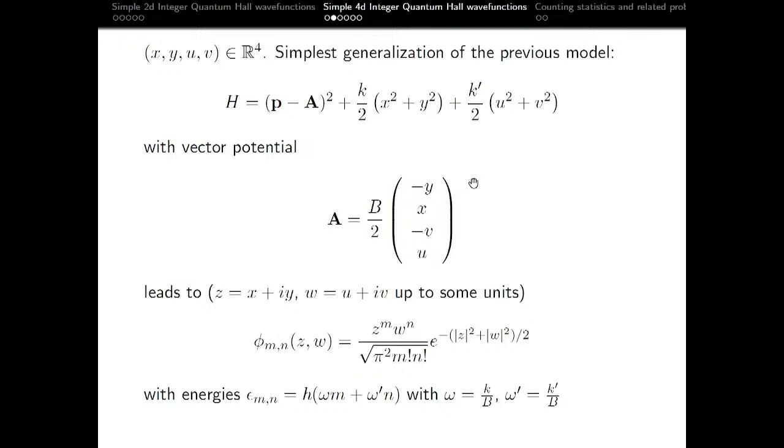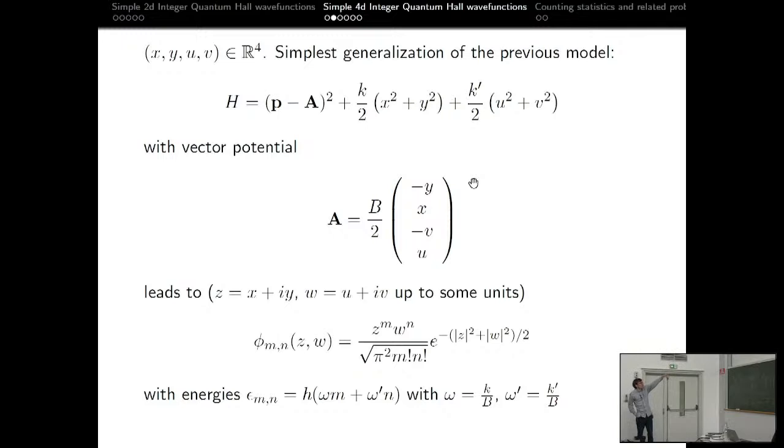The novelty is that we don't take k equals k prime. This is a very tiny generalization, and you can diagonalize this. In some limit, you have to project onto large magnetic field again, and stuff like this. You get these wave functions, and they have energies with frequency omega, given in some units by the ratio k over b, and omega prime is k prime over b. Okay, so this is the single particle spectrum.